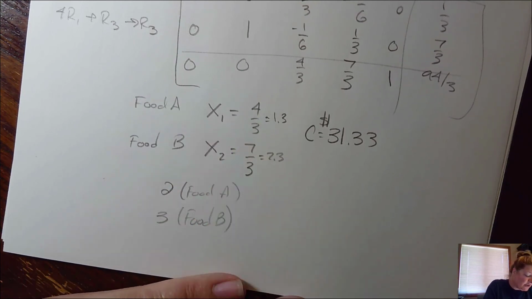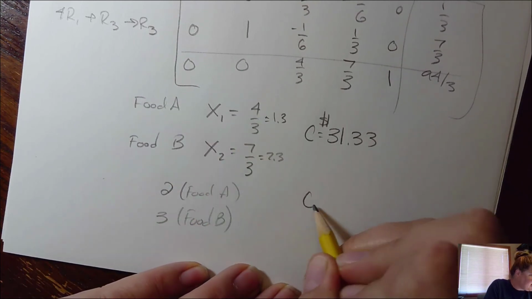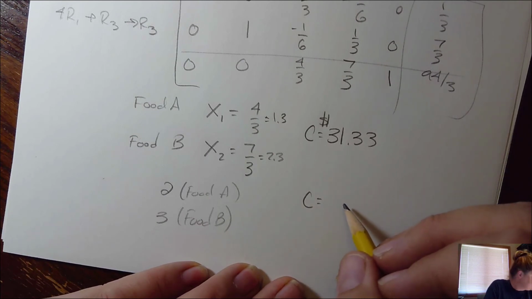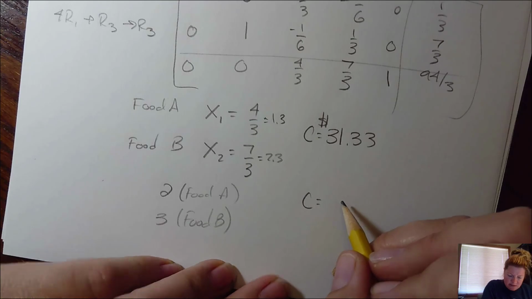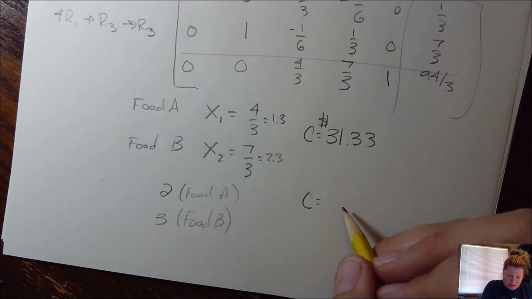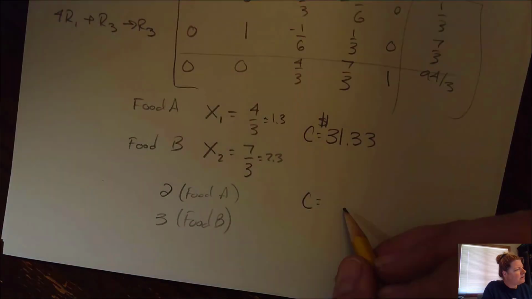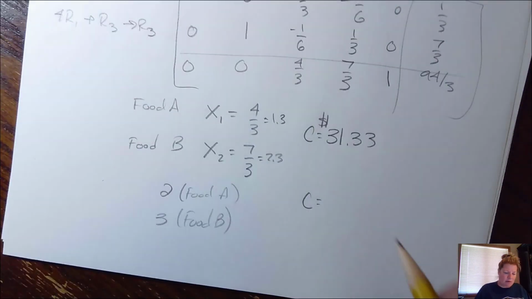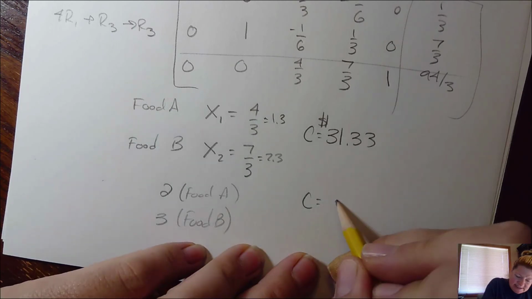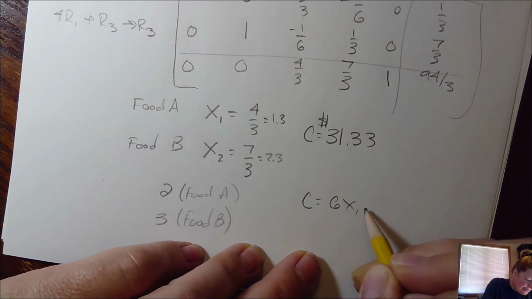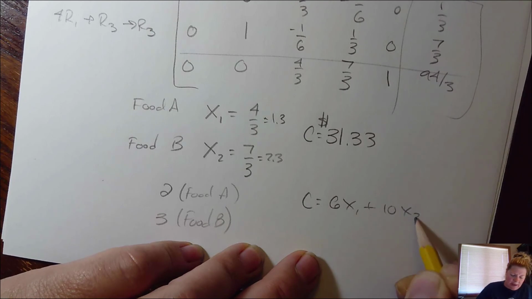So if you go back to your cost function, it was 6x1 plus 10x2.